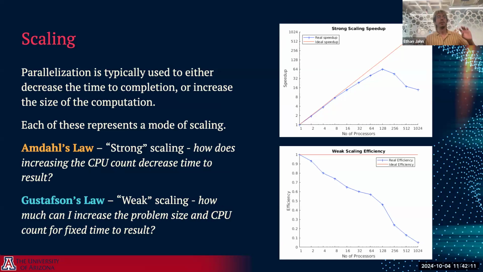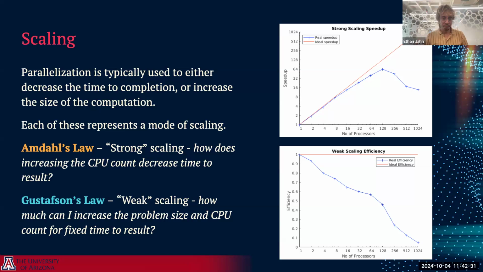So we've talked about the different regimes of parallelism, and now we're going to talk about scaling. So scaling is when we're considering how we change our number of processors, how we change the size of our problem, and what types of speedups we're expecting to see based on those changes.